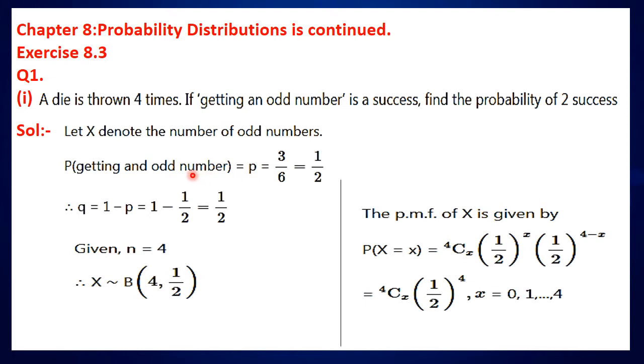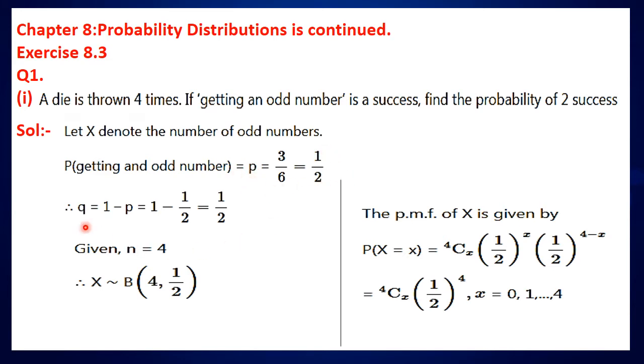Odd numbers in a single throw are 1, 3 or 5. So favorable outcomes are 3 divided by the total number of outcomes in a single throw, the numbers from 1 to 6, that is 6 outcomes in the sample space, which is equal to 1 upon 2. So probability of success p is equal to 1 upon 2.